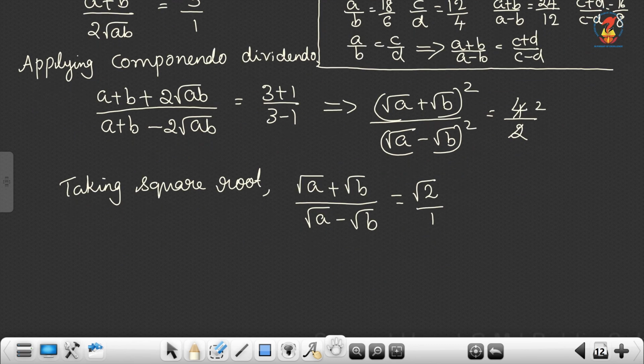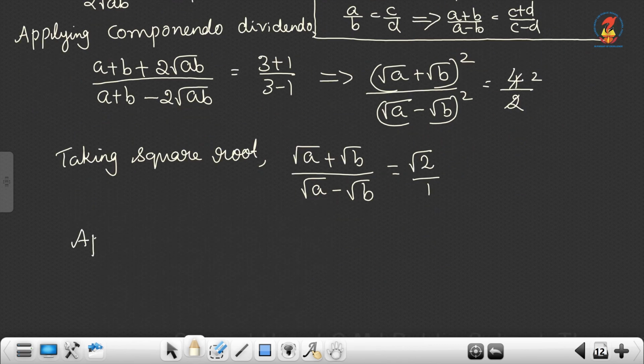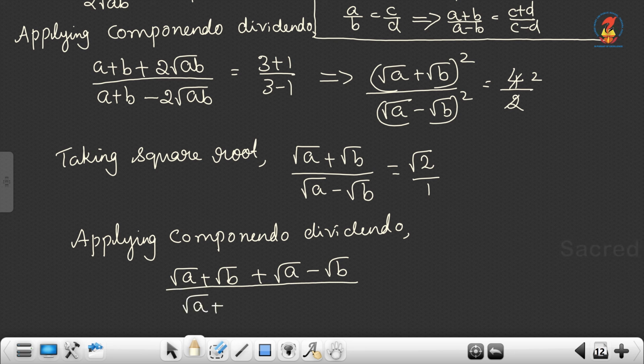Now one more time you have to apply componendo dividendo. So the left side is numerator plus denominator by numerator minus denominator.